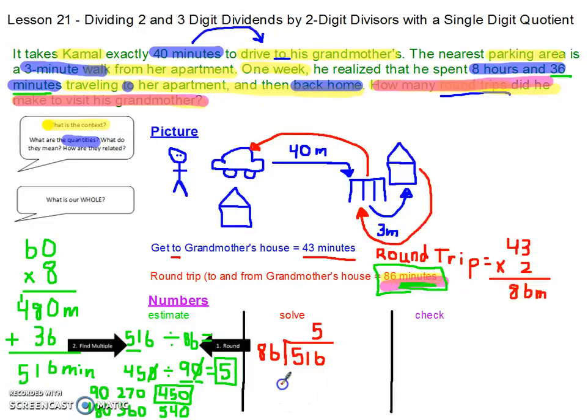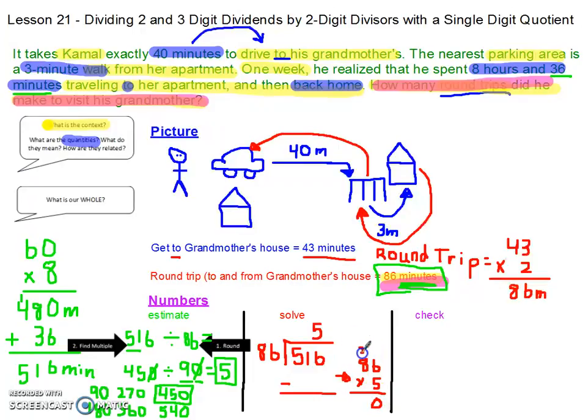Now I have to subtract how many groups I made of 86. So to get that, I'm going to do 86 times 5 to get how much I am subtracting. So I have 5 times 6, which is 30.